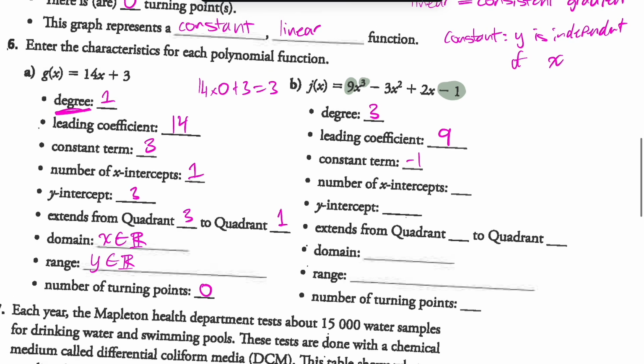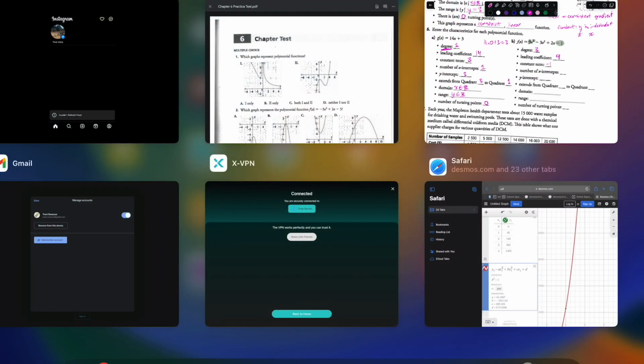Number of x-intercepts. This is where it gets weird. I'm going to assume that it's a normal cubic, that you don't have to work this out. Like, you can, it's doable. Oh wait, you're allowed to use Desmos. Just graph it on Desmos. Okay. 9x cubed minus 3x squared plus 2x minus 1.